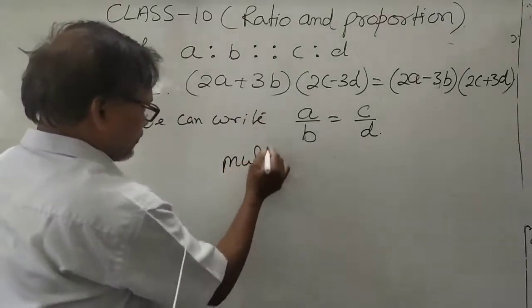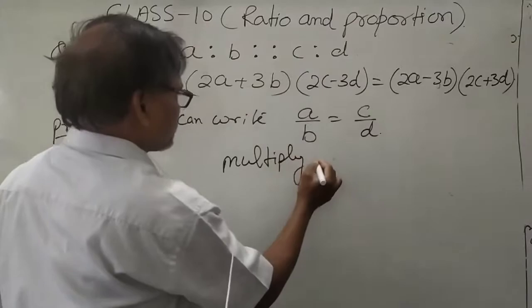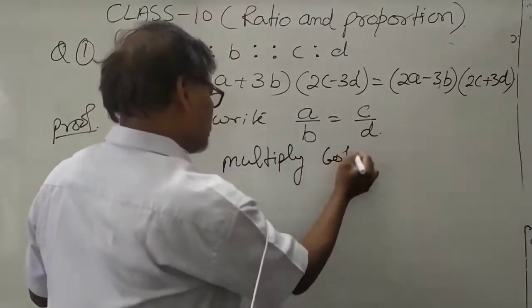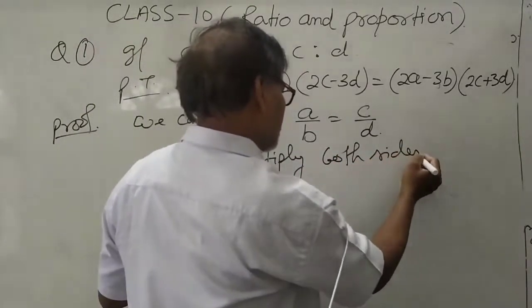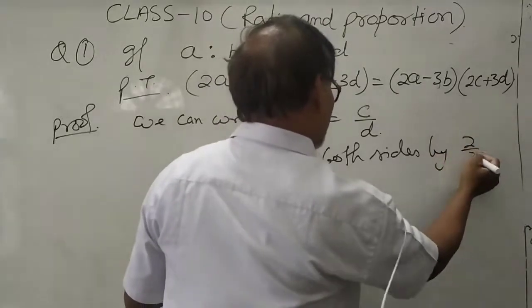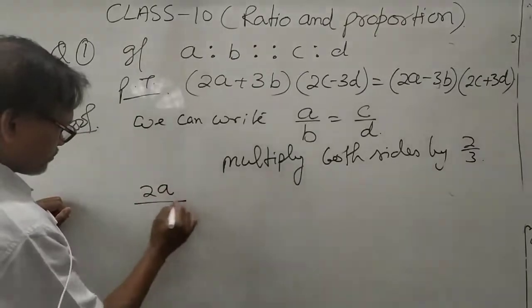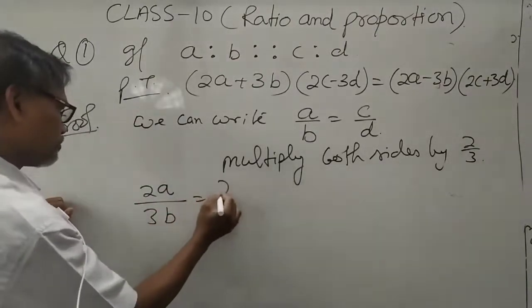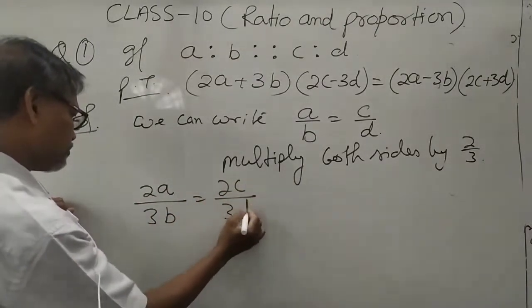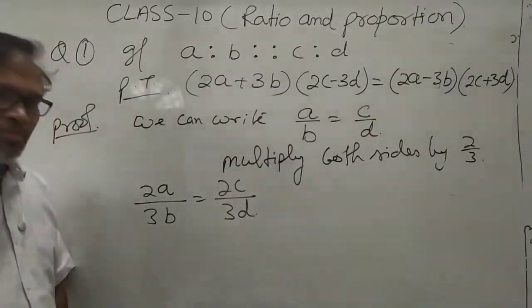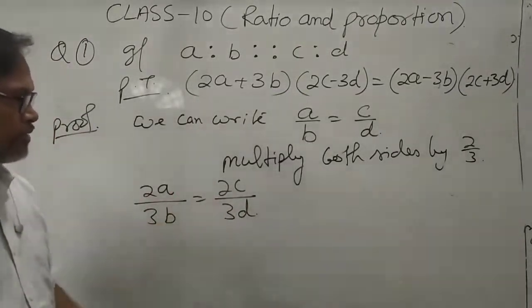Now multiply both sides. So what you will get? 2a by 3b, 2c by 3d.